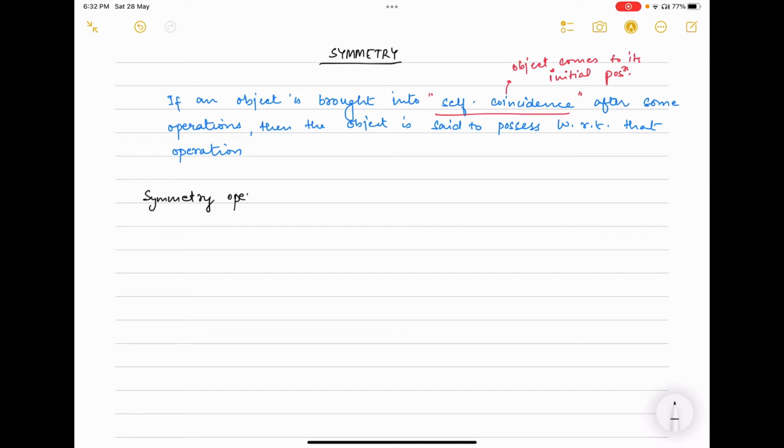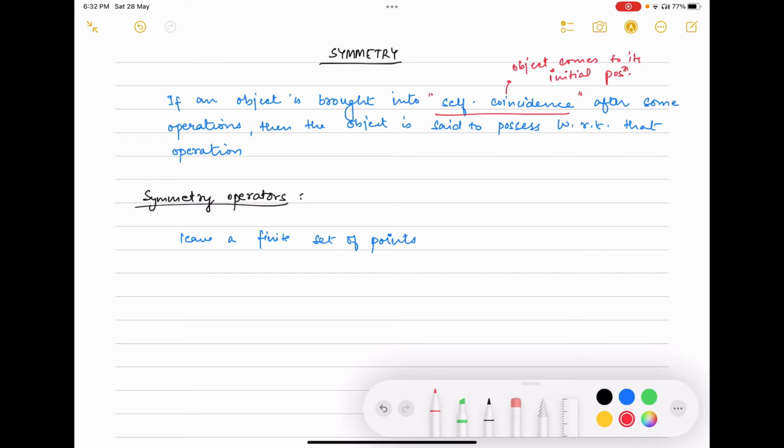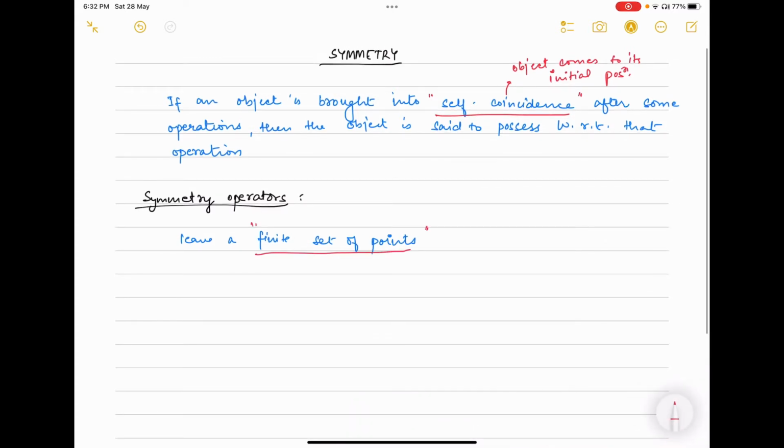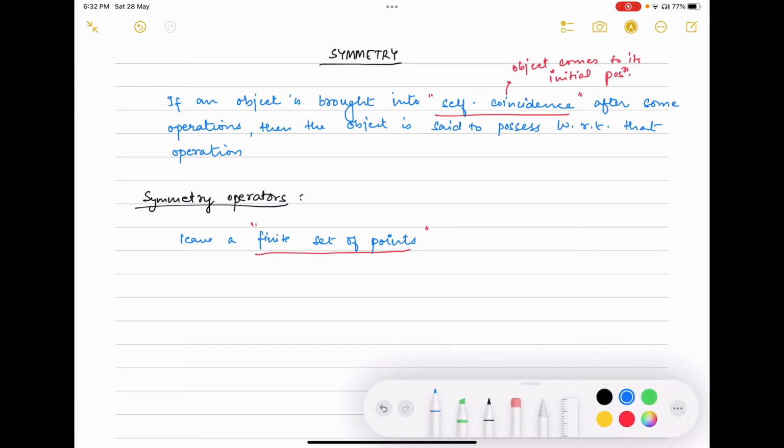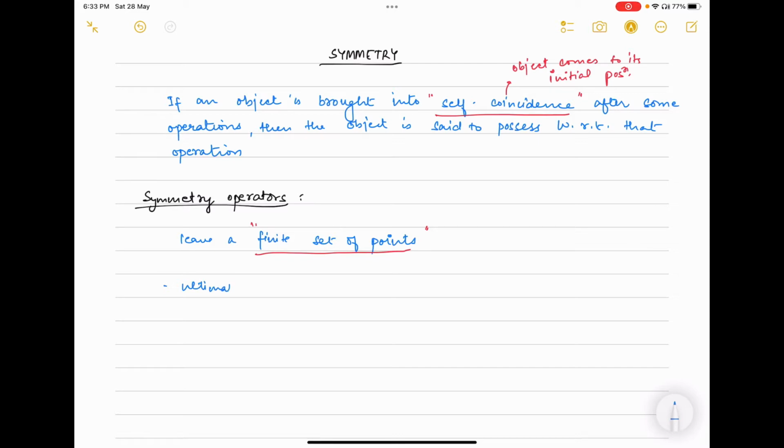Symmetry operators leave a finite set of points in space. Okay, after you have applied a certain symmetry operation, you get a finite set of points, say 4 points or 5 points that have some relation between them. And it is necessary that ultimately the object reaches its initial position.